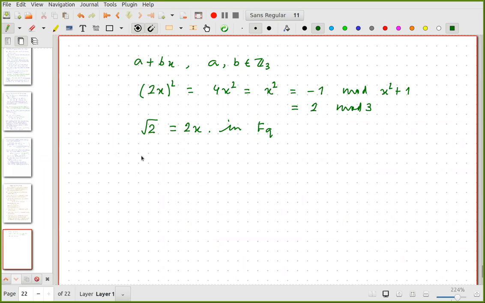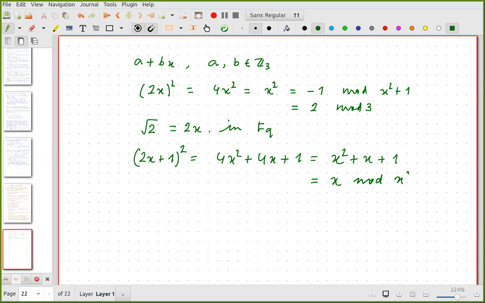Likewise you can try other things like 2x plus 1. If you raise 2x plus 1 to the second power, you have 4x square plus 4x plus 1. This is going to be x square plus x plus 1, reading coefficients modulo 3. And if I read modulo the polynomial x square plus 1, it's simply x.